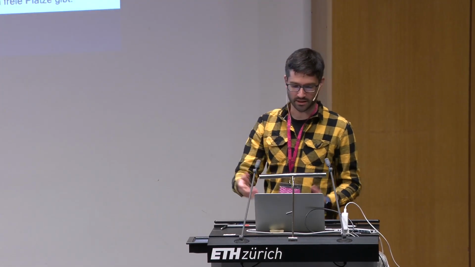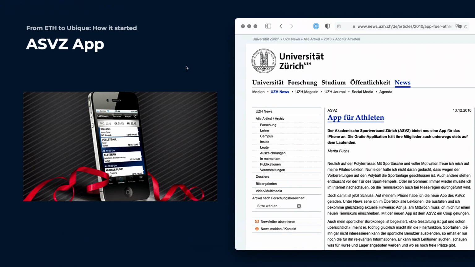Soon after that started, we went to our teaching assistants and asked whether we could actually use our iPhones and do the exercises on them. And since we were allowed, we started with the ASVZ application, which was the next thing that helped us during our daily lives at ETH. And this is how we then got to the ASVZ app, as you might know it, or maybe not, but this was the original design. It does look a bit different nowadays, but it still does similar things.